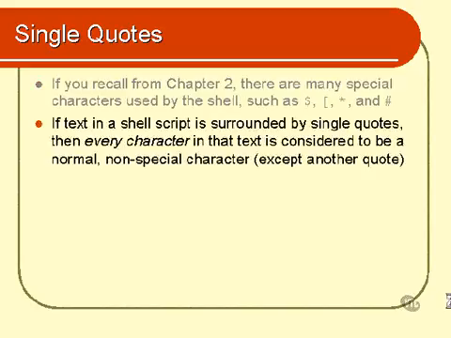If you take a piece of text from a shell script and surround it by single quotes, then every character between the quotes is now considered to be a normal non-special character. In other words, all the special characters lose their meanings, including spaces. The only exception to that rule is another quote. Well, another single quote, that is.